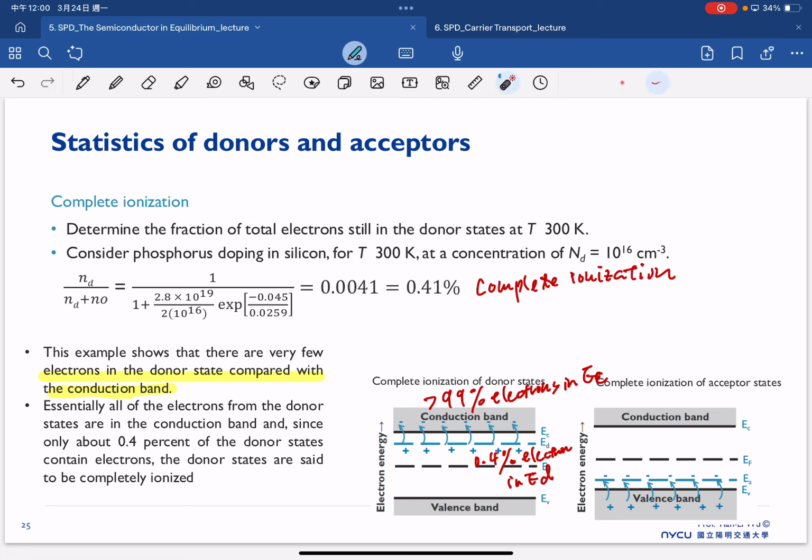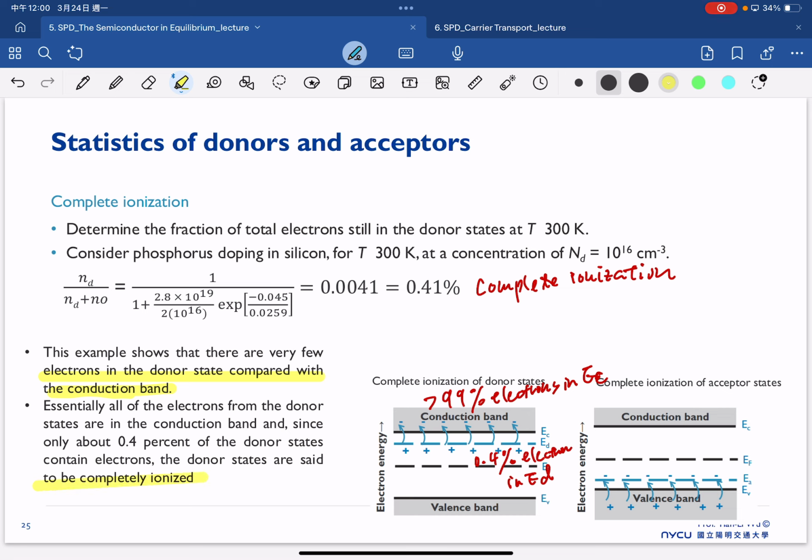Essentially, all of the electrons from the donor state are in the conduction band, since only 0.4% of the donor states contain electrons, and the donor state can be considered completely ionized.